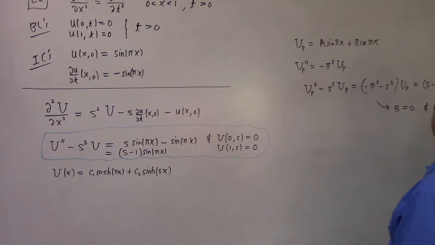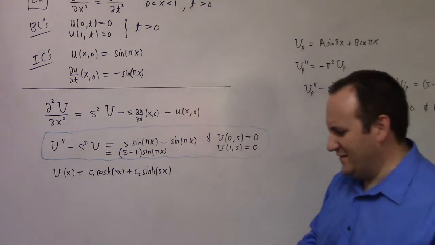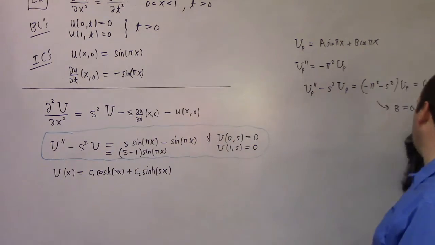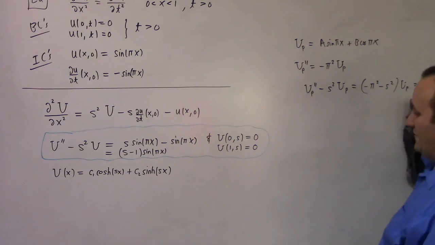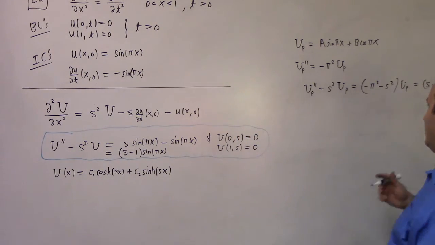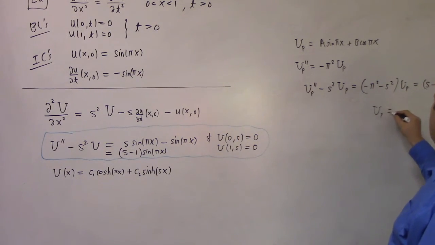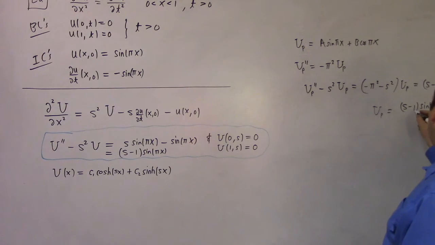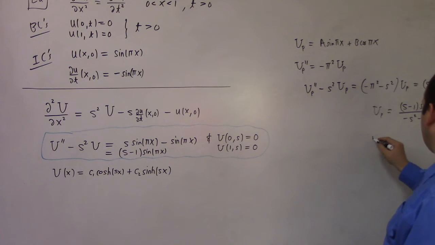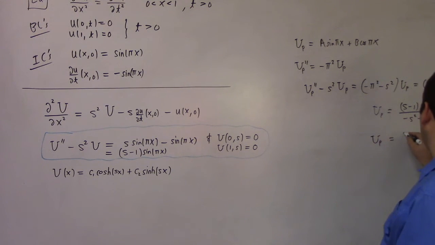Actually, once I do that, you really shouldn't need to equate coefficients. U_p is equal to s minus 1 times the sine of pi x divided by minus s squared minus pi squared. Or, to be more civilized, the particular solution is 1 minus s times sine pi x over s squared plus pi squared.